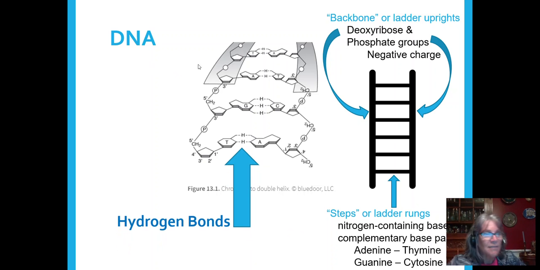So some of the reasons: I always have a purine with a pyrimidine. If you see, my purines, adenine and guanine, are kind of 2 ring units long. My pyrimidines, thymine and cytosine, are 1 unit long. In order for those uprights of my ladder to be parallel, the 2 nitrogenous bases, when paired, have to be the same distance across.